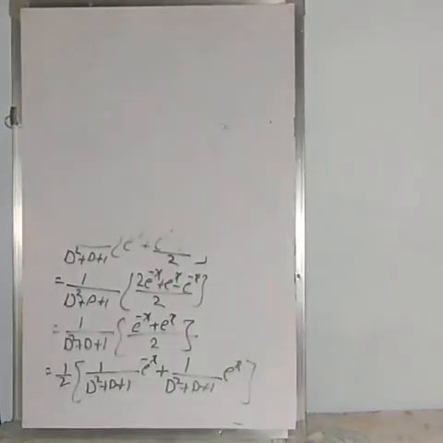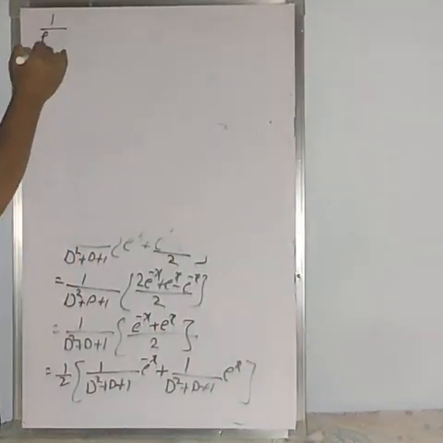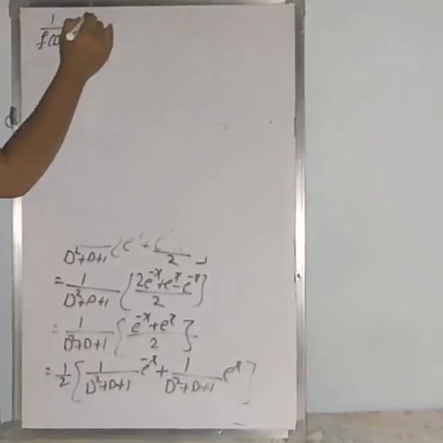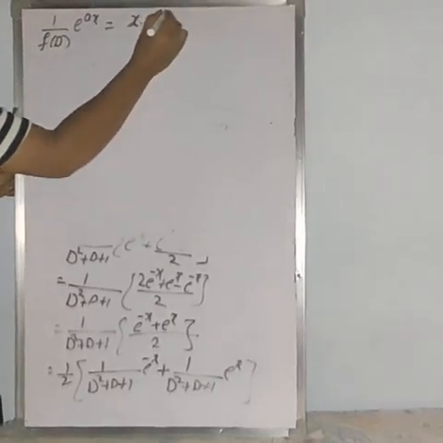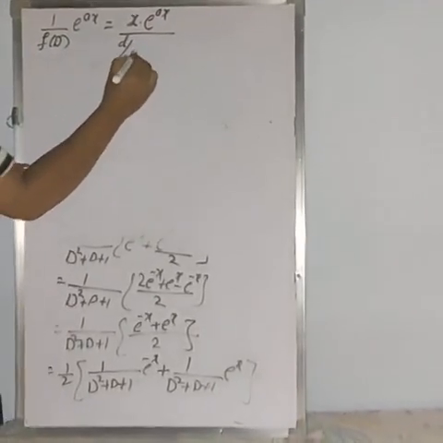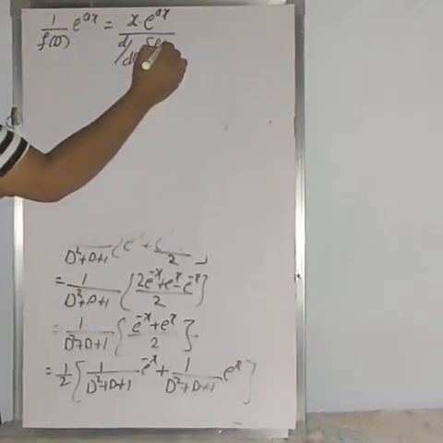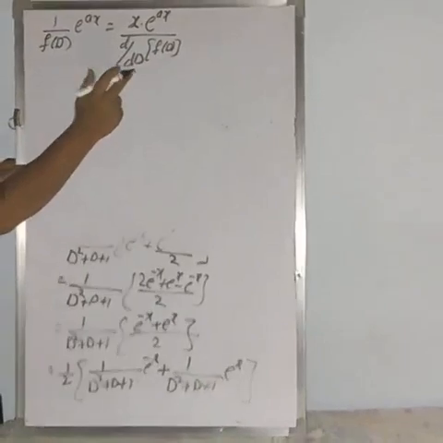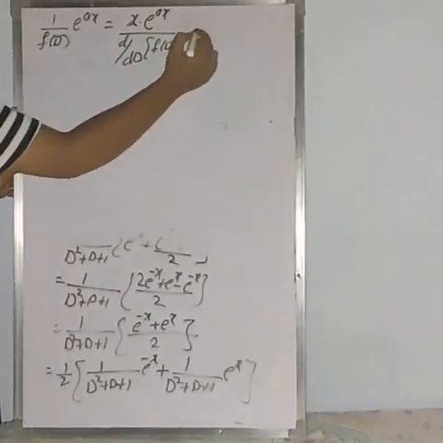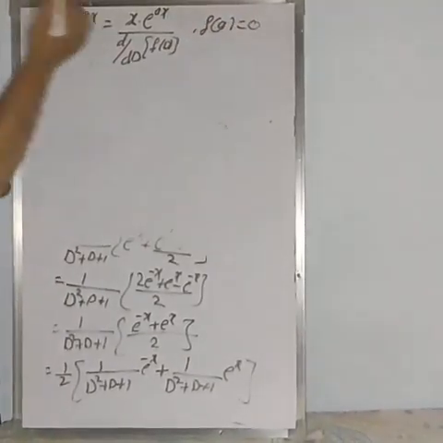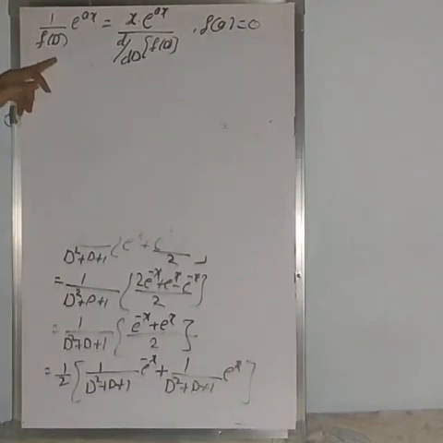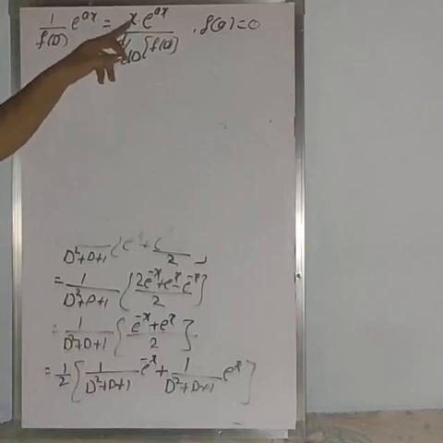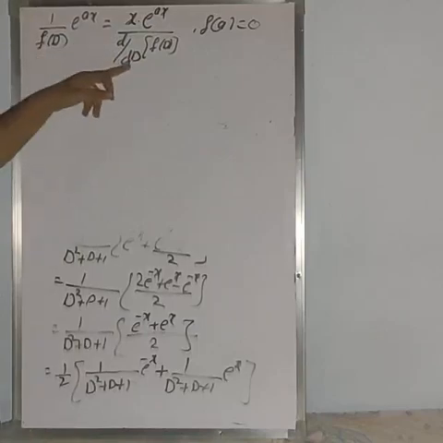Then we have a case, that is the particular integral is given by 1 upon f of D into e to the power of x is equal to x into e to the power of x divided by, we have to differentiate this, d by D of f of D. D by D means differentiation with respect to capital D of f of D. Even if f of a is equal to 0, means in the first case, after substituting D is equal to a, if you are getting f of a is 0, then the particular integral is x into e to the power of x divided by the differentiation of f of D. Differentiate this f of D, write down here.